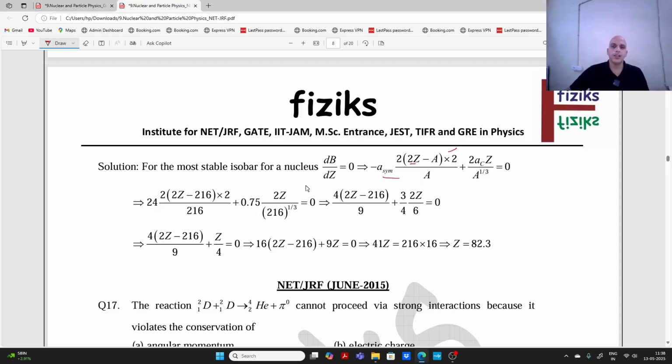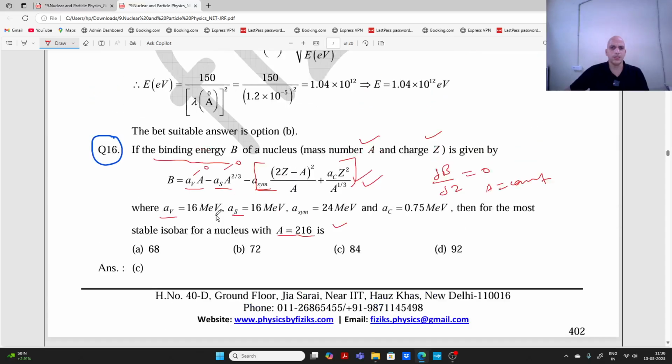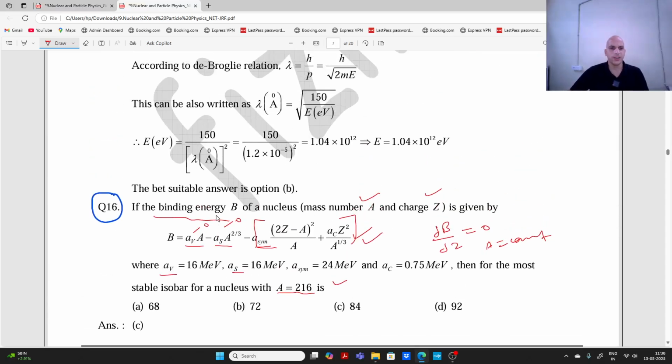Then in this question, they have put the value of, as we know very well, N is equal to A minus Z. In the earlier case that I discussed in the previous numerical, I took it as A minus 2Z. So there is nothing wrong.